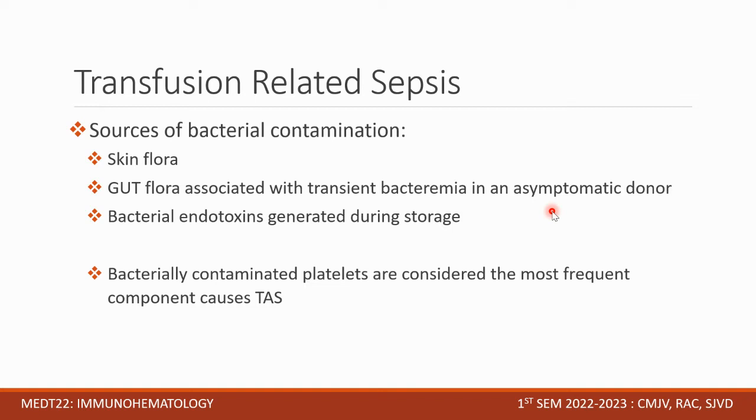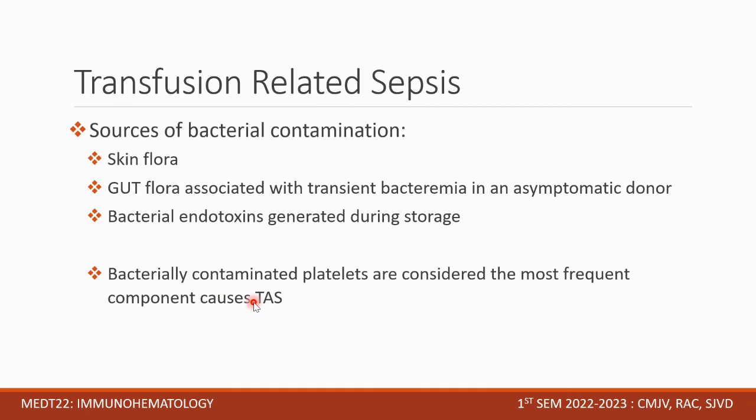Si donor pala is fighting an infection. Okay, pero asymptomatic siya. So, siguro pagaling na, probably. Kaya na siyang lagnat, ayun, nag-donate siya ng blood. So, pwedeng pa rin mag-cause yun. Okay, or may bacteria pa rin na nakuha sa kanya. Kaya, bacterial endotoxins generated during storage. Okay? Ayun.